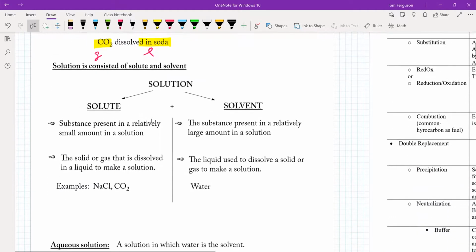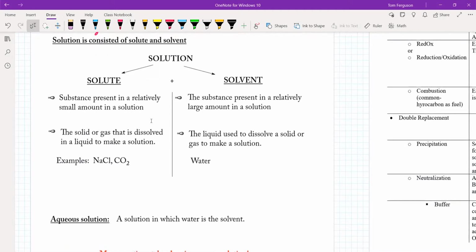Now, when we talk about solutions, we're talking about two parts. There is the solute and the solvent. There's only one solvent, and one or more solutes. The solvent is the part that's relatively larger.